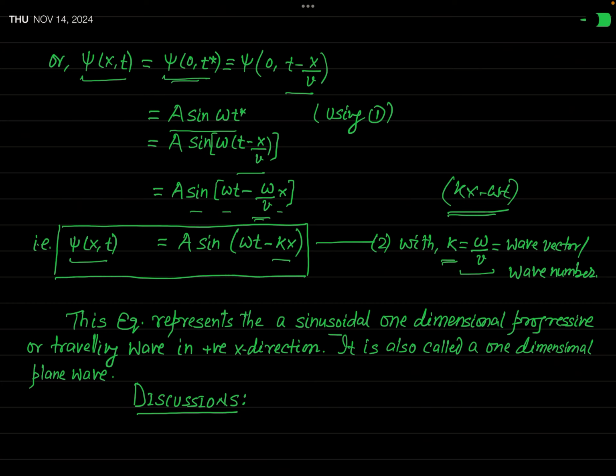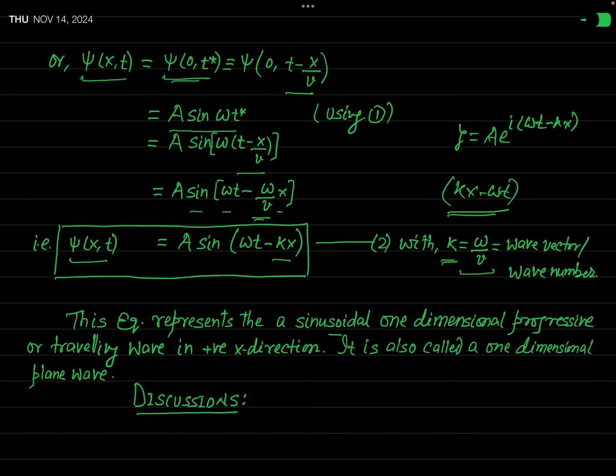Since this is the wave equation in terms of the sine function, it may also be in terms of the cosine function, or we may write it in this manner: y equals A e to the power i(omega t minus kx).